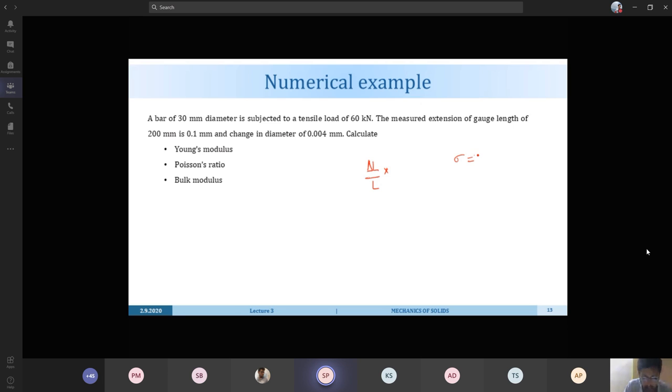Within the elastic limit, the stress is proportional to strain, and we write sigma equal to E into epsilon here. Now we need to find what is E. So just tell me the value for sigma and epsilon, the expressions.